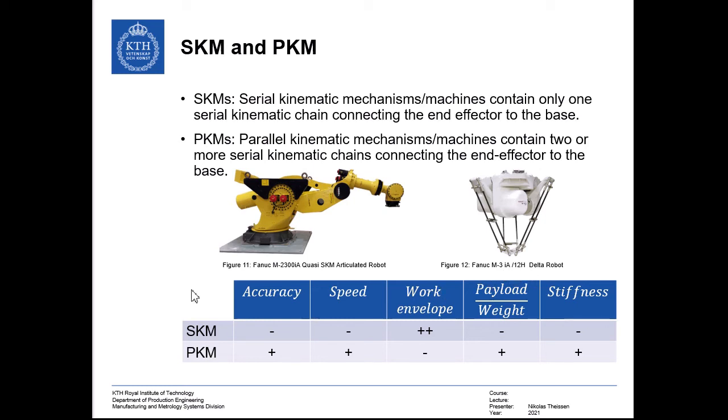At the same time, the payload of the robot on the left-hand side is around 2,500 kilograms, while this one has a payload of around 15 kilograms. Payload is the term for the object that they are able to lift. However, if at the same time we also compare that to the weight that they have themselves, we can see that the M2300 weighs around 11 tons, while this one weighs around 150 kilograms.